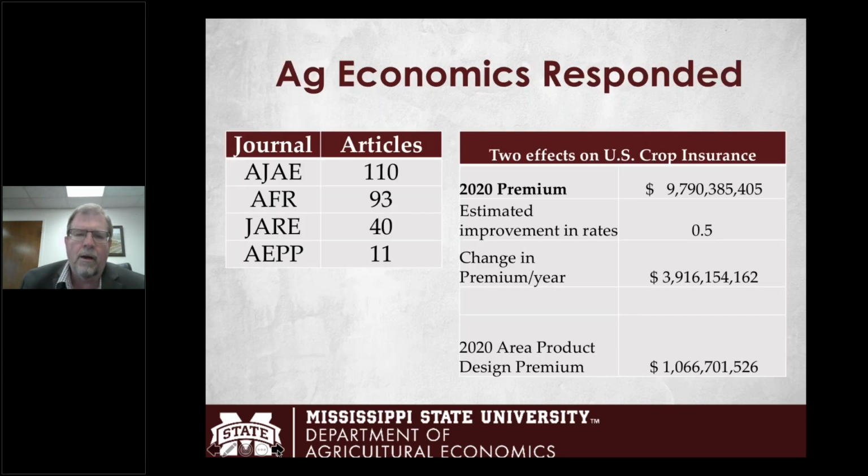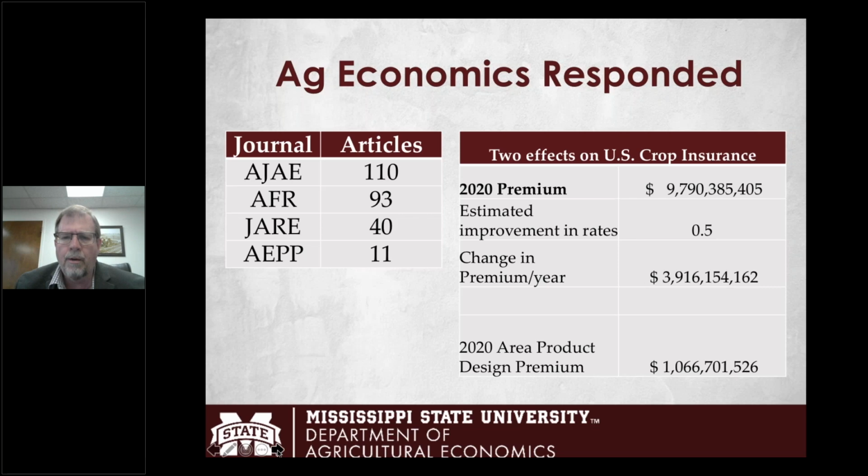I did a quick look in Scopus over this period, and I found a lot of articles in our literature about these topics. There have been 110 articles in AJAE, a lot in the Agricultural Finance Review. JARE has 40. The AEPP has 11 on this topic of crop insurance.